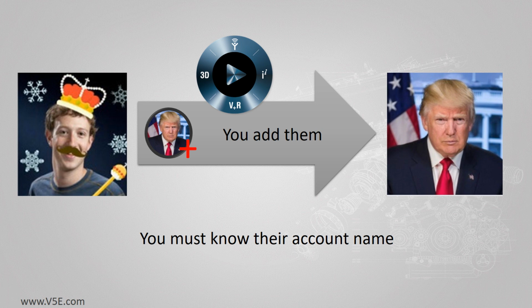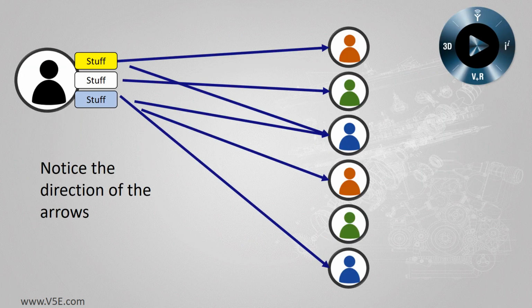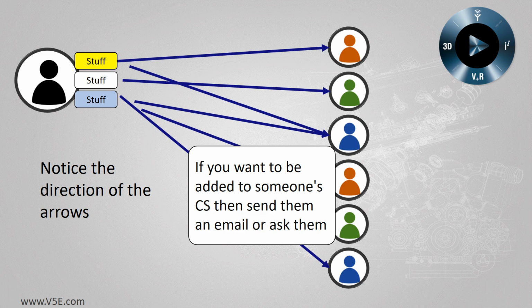You don't send them a request. They add you as a member. And when they add you, they determine what role to give you. So if you want to be added to someone else's collaborative space, then you need to let them know in some way. You need to send them an email or ask them or in some way let them know.